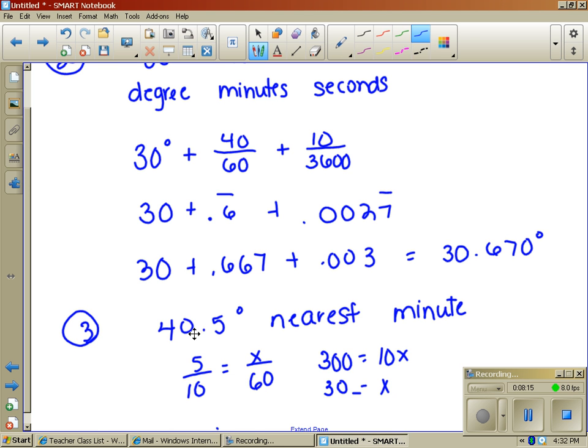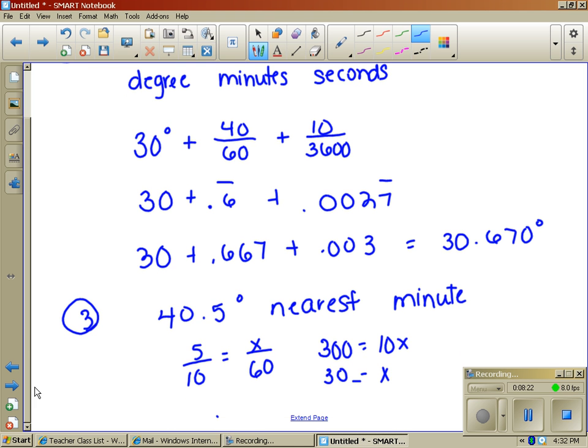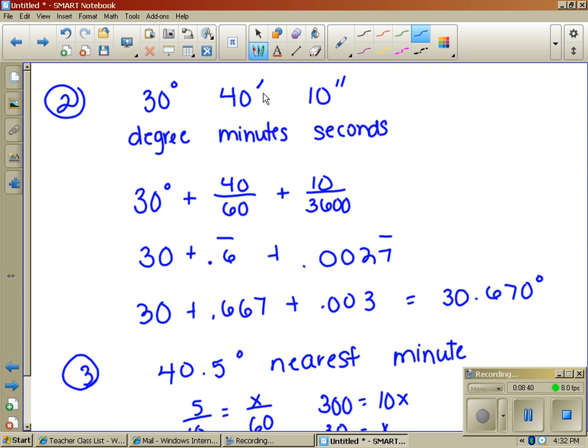So if I said take 40.5 degrees and convert it to the nearest minute, write it in degrees and minutes, your answer would be 40 degrees, 30 minutes. Notice 1 slash for minutes, 2 slashes for seconds.